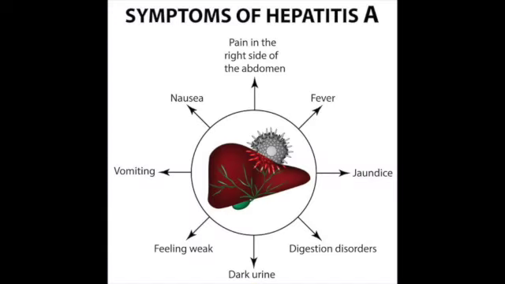Before going into the clinical manifestations, I first want to take a look at each of the different types of hepatitis and how each one is transmitted. When it comes to type A hepatitis, this is transmitted primarily through the fecal-oral route. It can be spread by the anal-oral route, and it is rarely transmitted parenterally.